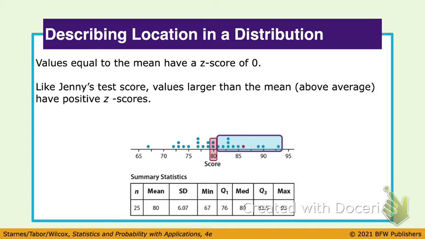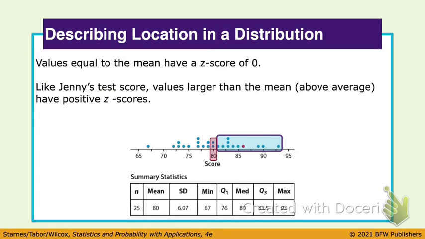Jenny was almost one full standard deviation above average. So positive z-scores mean that we're above average. The bigger the number, the further above average we were.